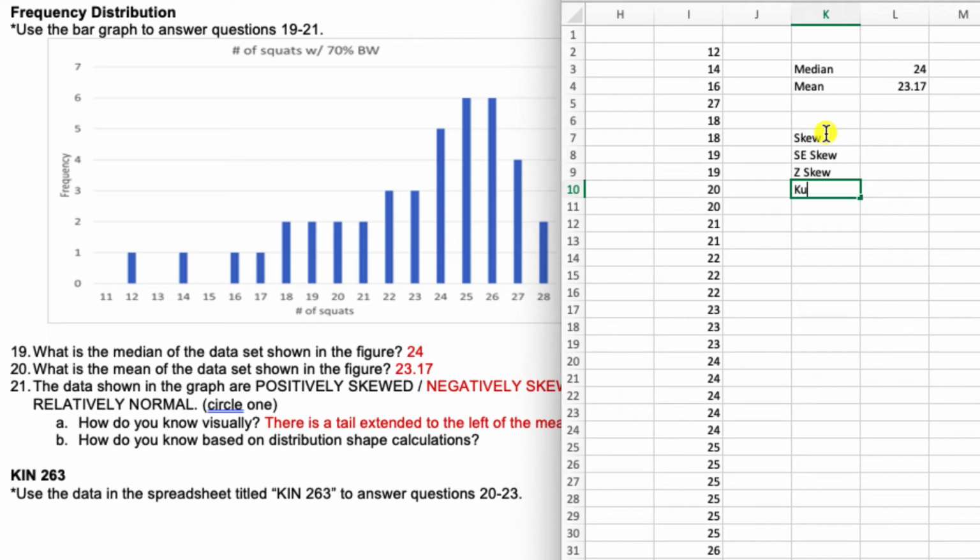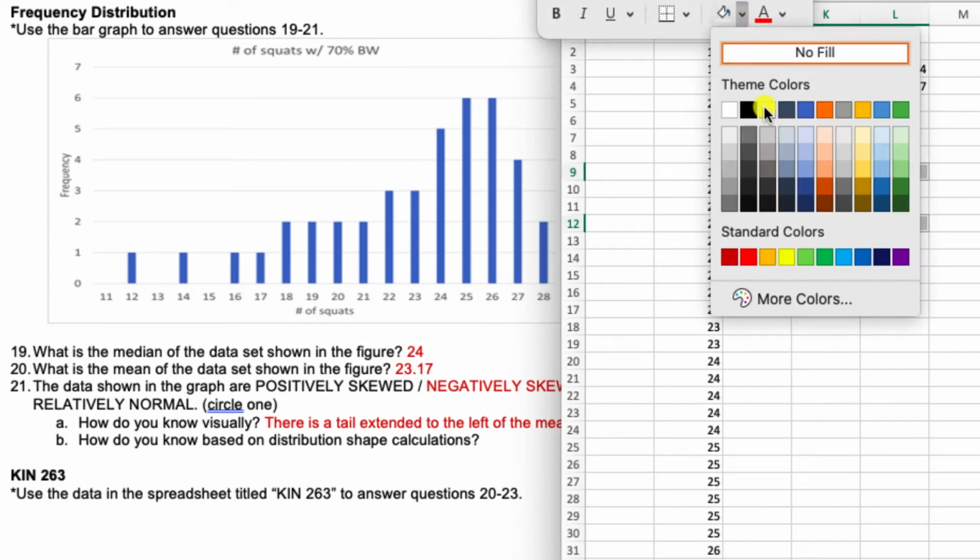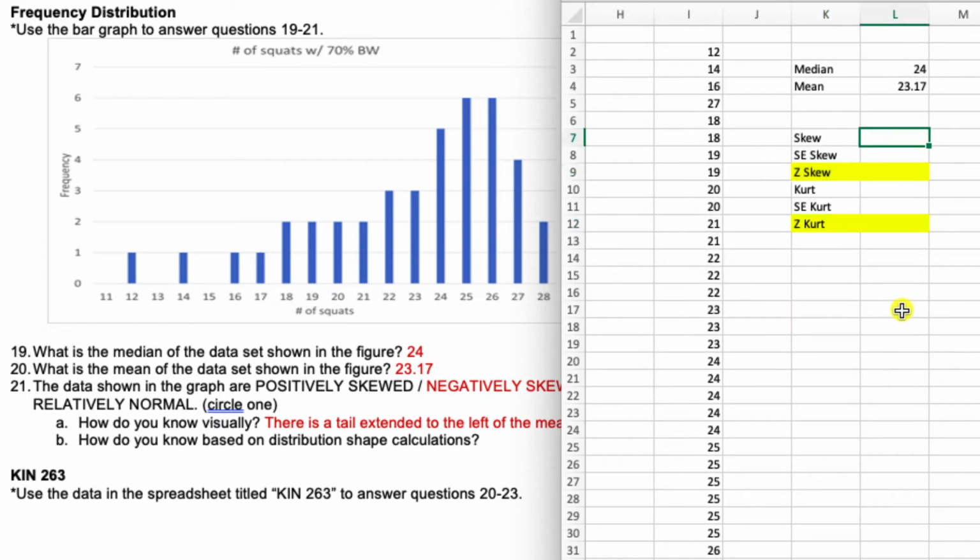So we'll do our skewness calculations, our kurtosis calculations, and then we can evaluate the z-scores for skewness and kurtosis to see if we have actual skewness. Okay. So sometimes we can see skewness based on shape, but we might not have statistical skewness based on our z-score of skewness.